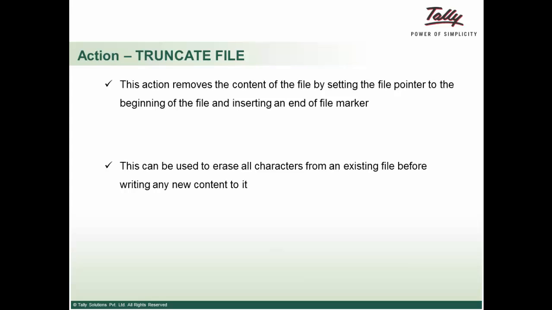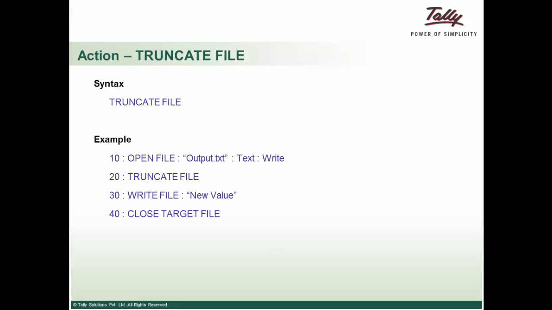Generally, that's what we use when we generate logs. We just truncate the previous log and refresh the contents and start a fresh update to the file. So you say truncate file, you give the file name and then you can write it.